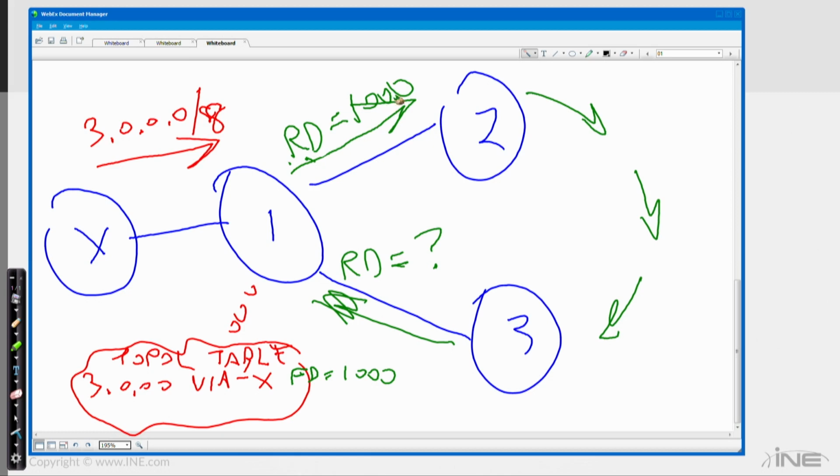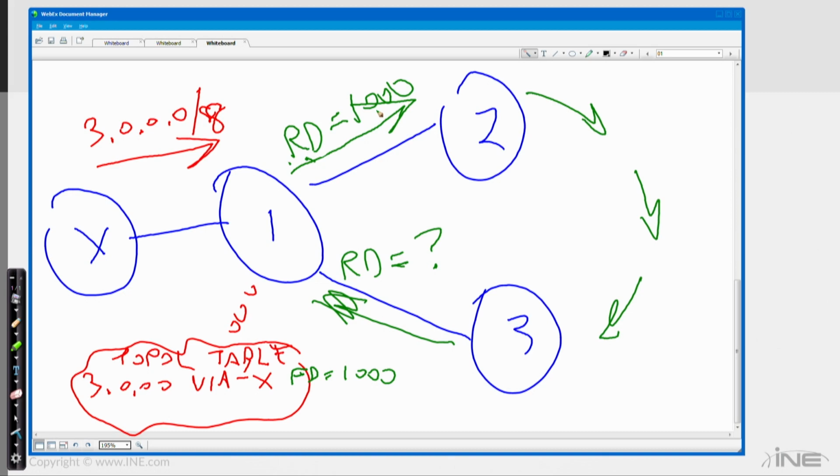So if this is my own route being reflected back to me, the reported distance would have to be the same as 1,000 or possibly larger than 1,000. There's no way this route could come back to me with a reported distance of less than 1,000 if it was my own route coming back to me. So this is something called the feasibility condition.